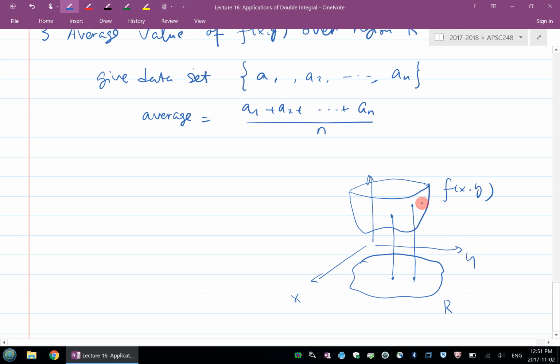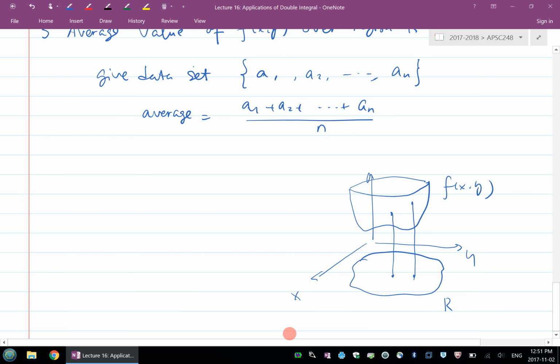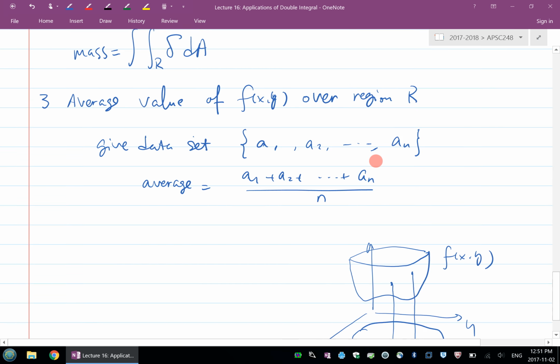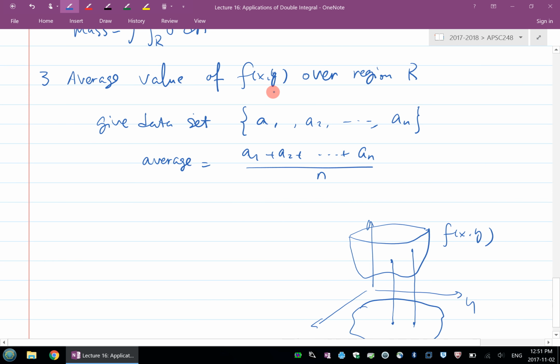Yeah, so the idea is you want to find all the heights, then you add them up, and you divide by the total number, and then you get the average height. And that average height here is this average value of the function over this region R. Does that make sense?